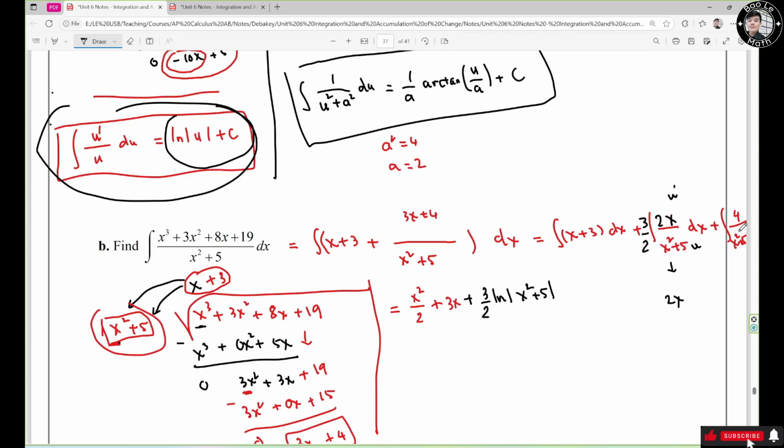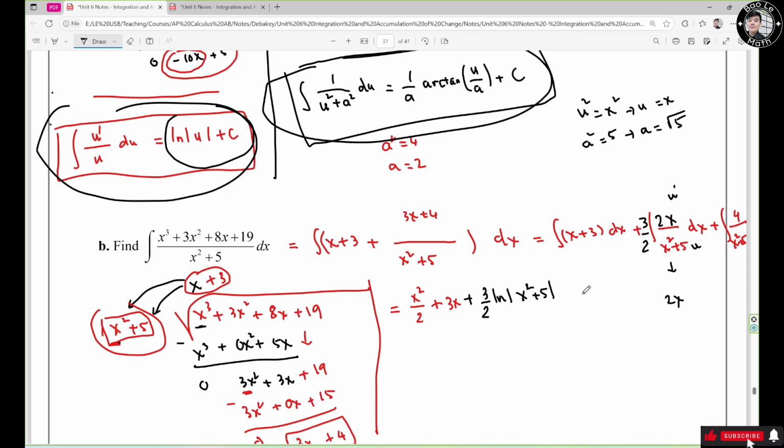And for this one right here, I'm going to apply the formula right here, where u squared equals s squared, then u equals s. a squared equals 5, then a equals the square root of 5.